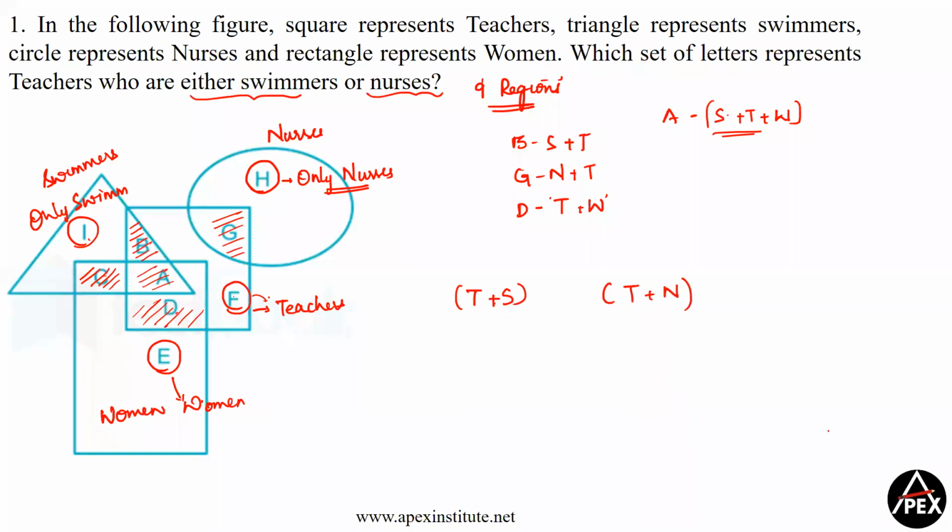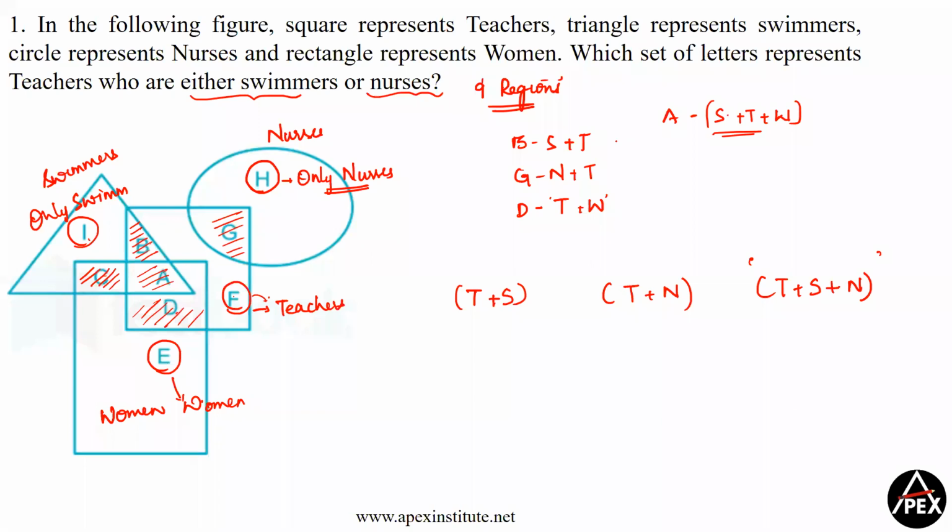Now, my doubt here is, do we also consider teachers who are swimmers and nurses? If we have any region common to all three, teachers, swimmers, and nurses, do we have to consider that or not?